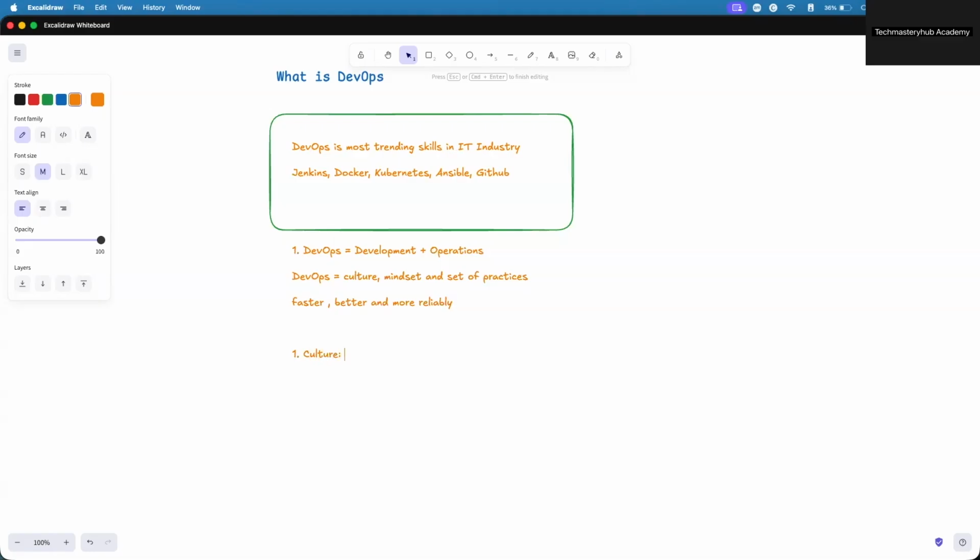Culture. Earlier, developers and operations teams used to work separately. Developers will write the code, then they will hand it over to the testing team. They will test it. Once the testing is done, then they will hand it over to the operations team to deploy it. That was the earlier SDLC culture.